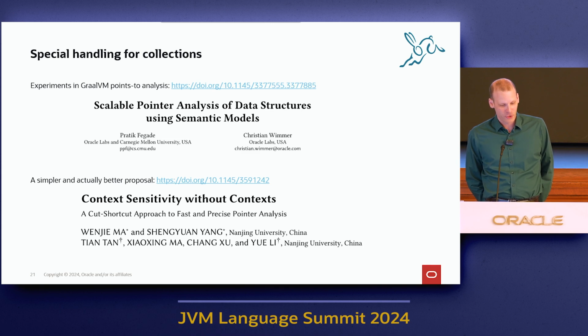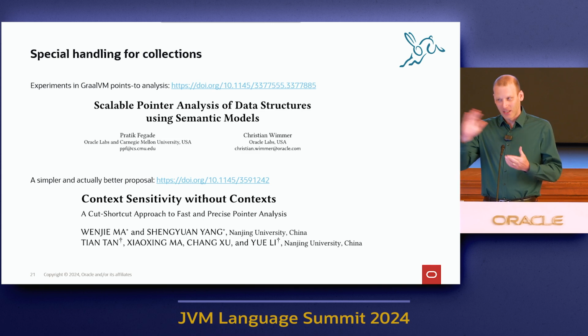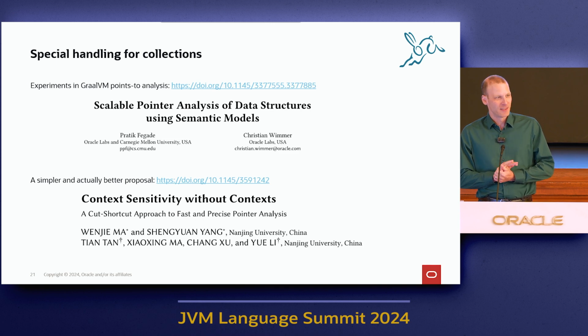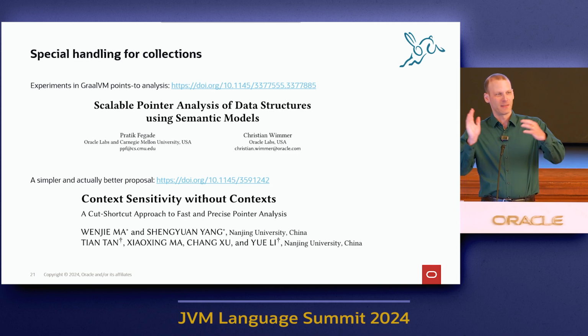They call that the shortcut approach, which basically means that instead of having a static analysis that tries to figure out what's going on in the HashMap class, in the value flow graph of the static analysis it puts in shortcut edges.